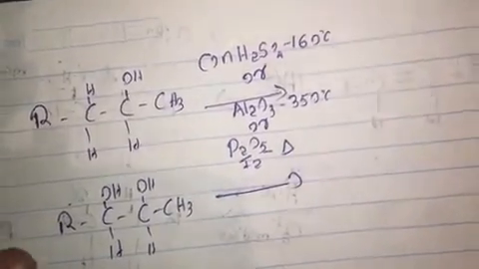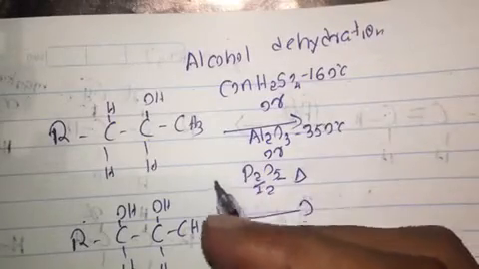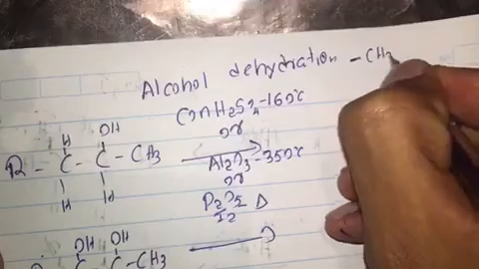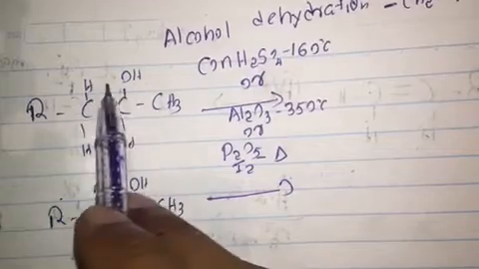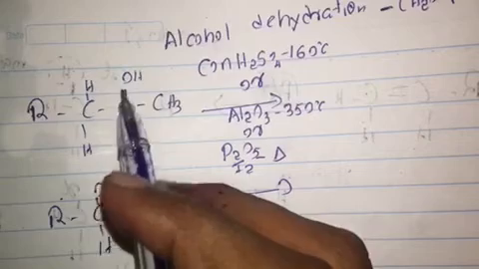This reaction we call alcohol dehydration. In alcohol dehydration, a water molecule is released. This OH group combines with hydrogen and is released as a water molecule.